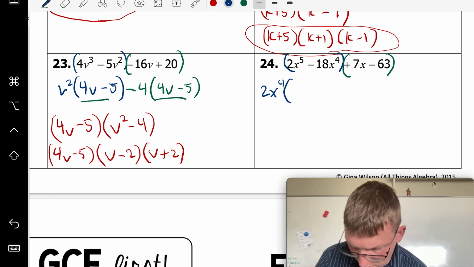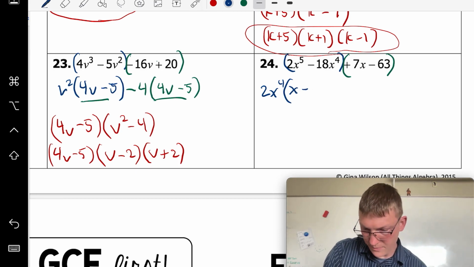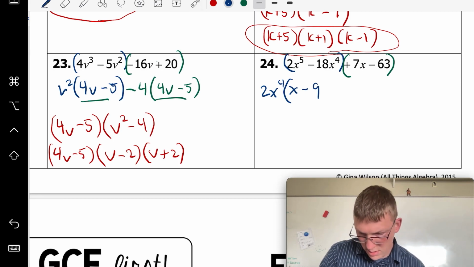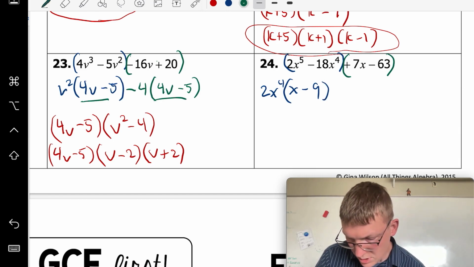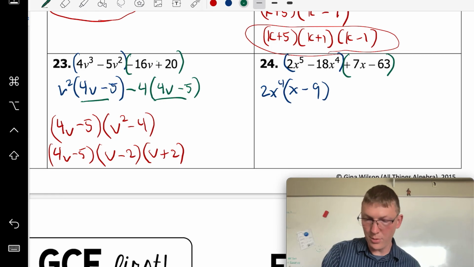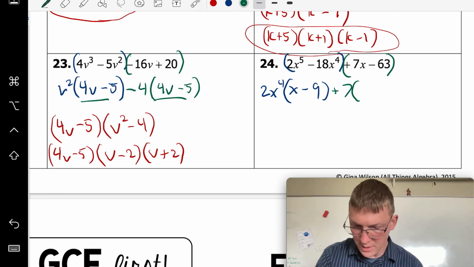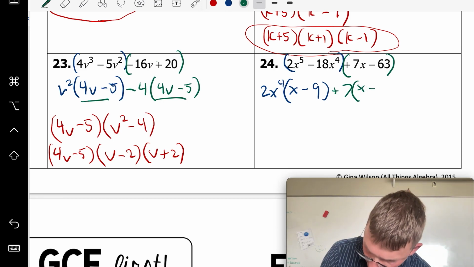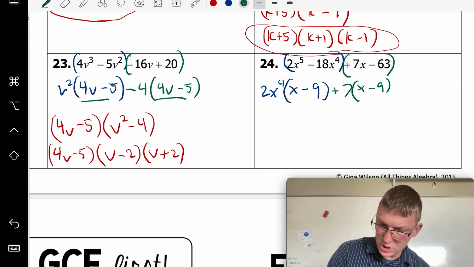That means that we're going to have an x minus 9, and that's it. Okay, no problems. So that means over here we're going to have to pull a 7 out. Don't have to pull a negative sign, so that's nice. That's going to be x minus 9. These two match. We're in good shape.